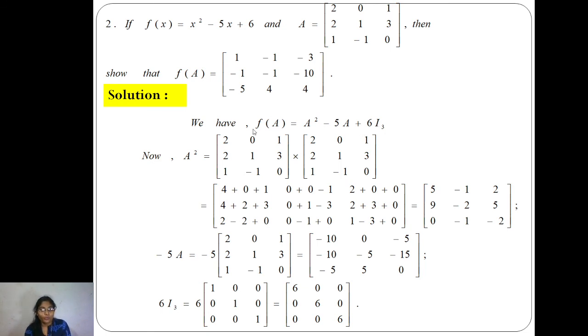Okay, so f of A equals to A square minus 5A plus 6 I3.